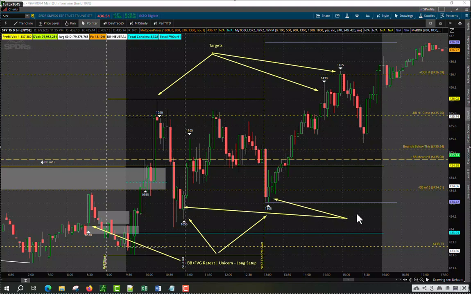This setup right here we call order block, fair value gap, retest, and it's a long setup, and the target is going to be the same target as this one. So this is very interesting. It's new knowledge that we see two setups overlap. So it's a very high quality, high probability setup right there.